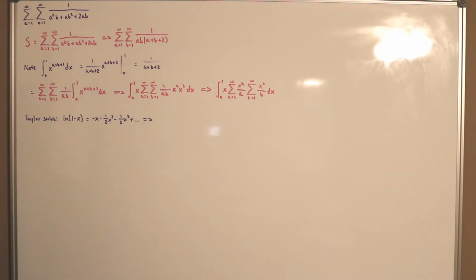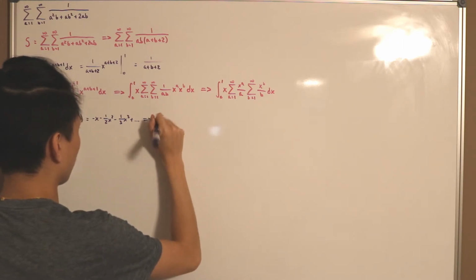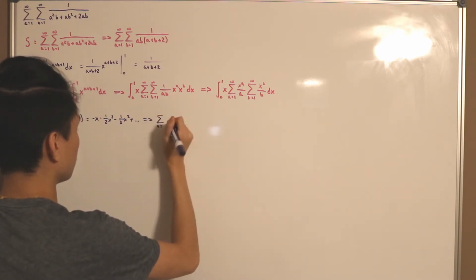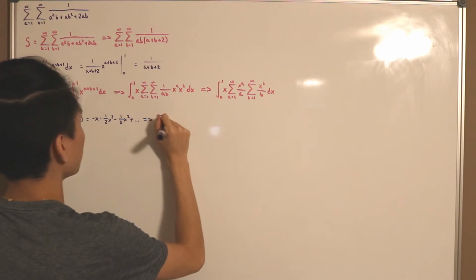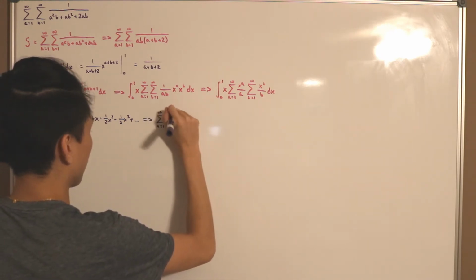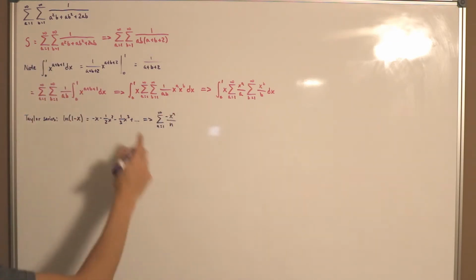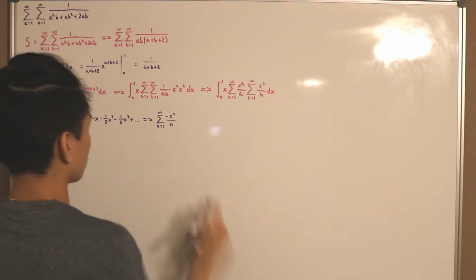So simply that Taylor series expansion can be rewritten as sigma from n equals 1 to infinity of negative x raised to the n divided by n. Okay, great. So far so good.